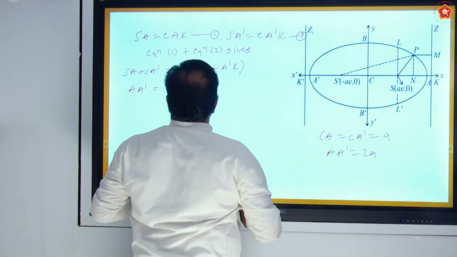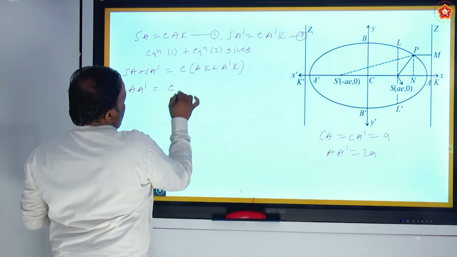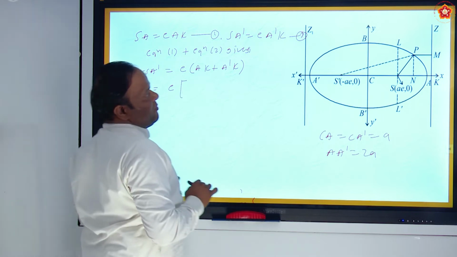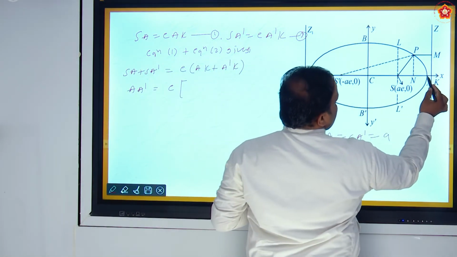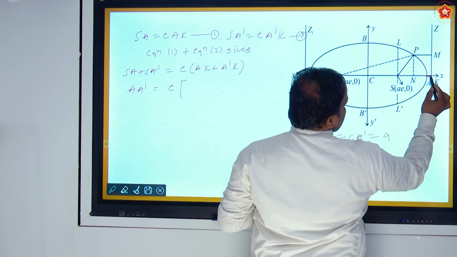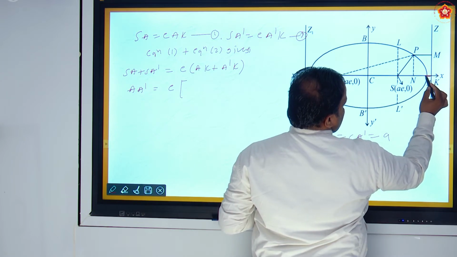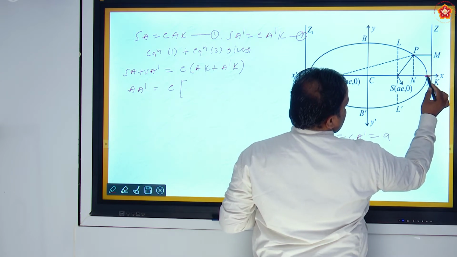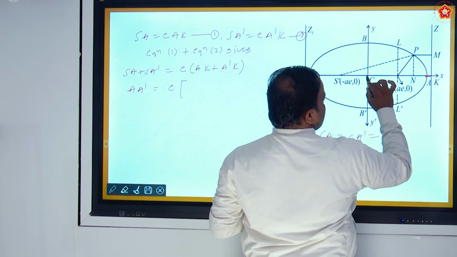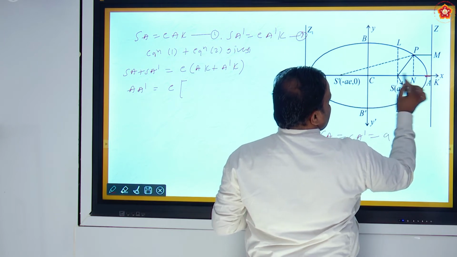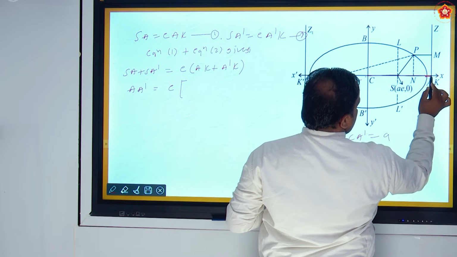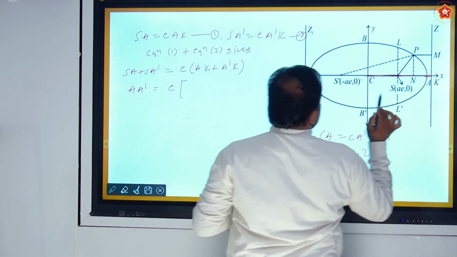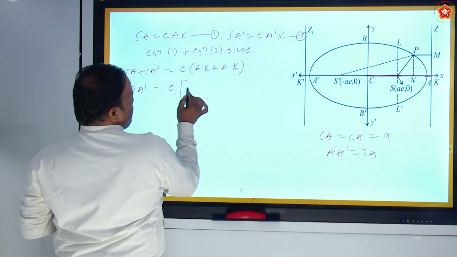Next, E as it is. How can you write AK? Measuring from the origin, AK is the length from vertex A to K. AK is nothing but CK minus CA.